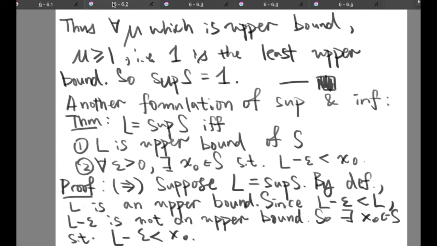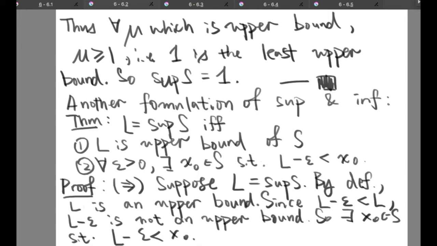Sometimes the statement of the supremum is very difficult to prove, and we need another formulation to make things more convenient. Therefore we will introduce another formulation for the supremum and infimum. So here is the formulation.